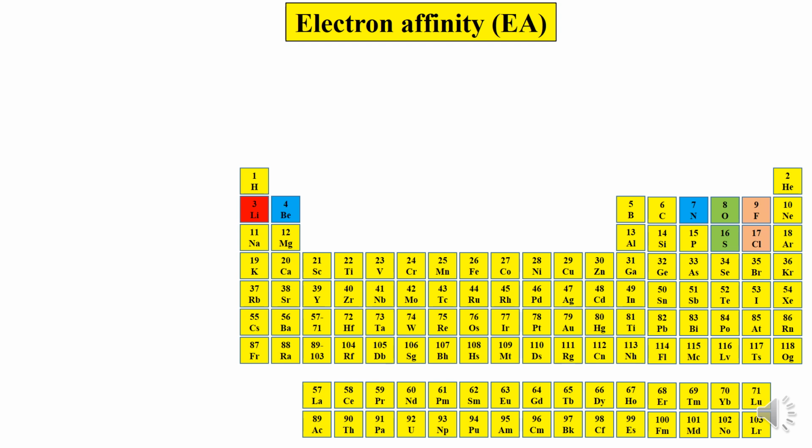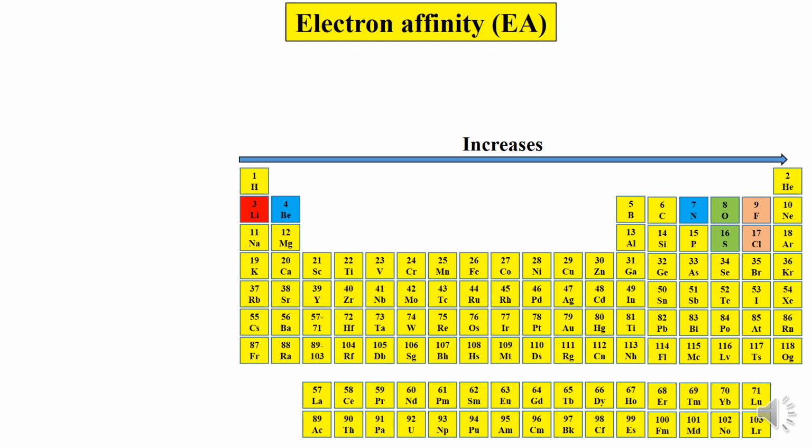Now taking a look at the periodic table. So what is the general trend? Periodic trend in electron affinity. The electron affinity increases across a period as you move from left to right in the periodic table, and the electron affinity decreases as you go down a group.